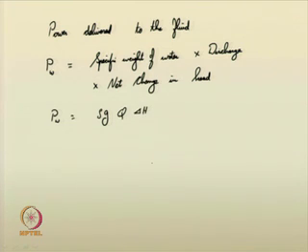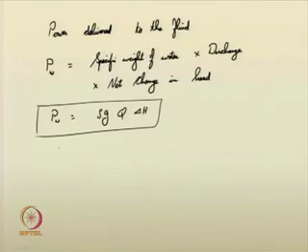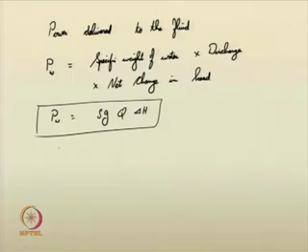So, this is the power intended to be delivered to the fluid by the pump. This power is called water horse power. This is the power that is supposed to be delivered by the pump to the fluid, so that the fluid can gain so and so energy.